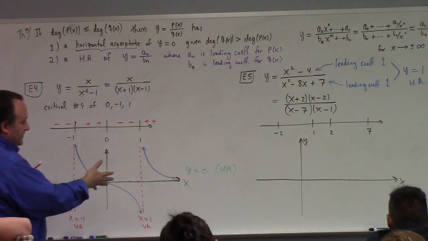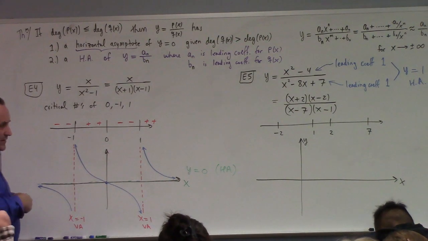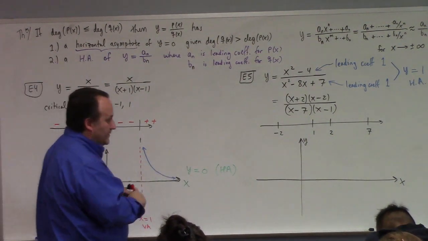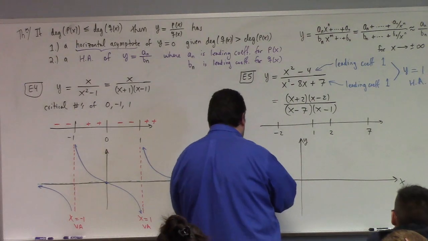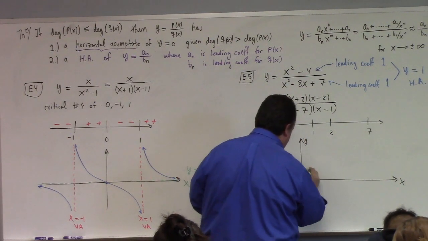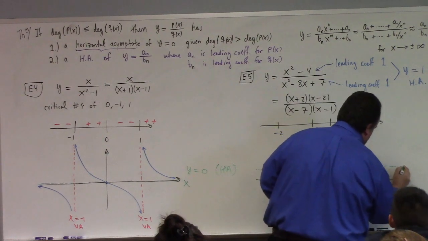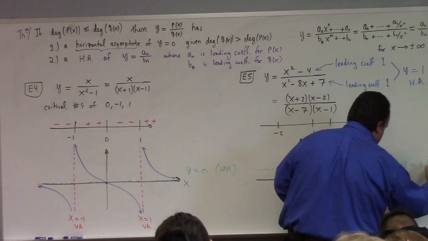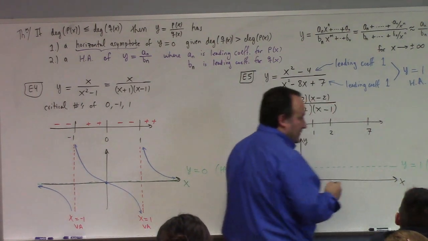I'm just trying to sketch the graph. Okay, so let me get the horizontal asymptote out of the way. Horizontal asymptote looks something kind of like this, okay? The graph can cross the horizontal asymptote, that's fine, but the key is that it has to be drawn into it eventually, okay?